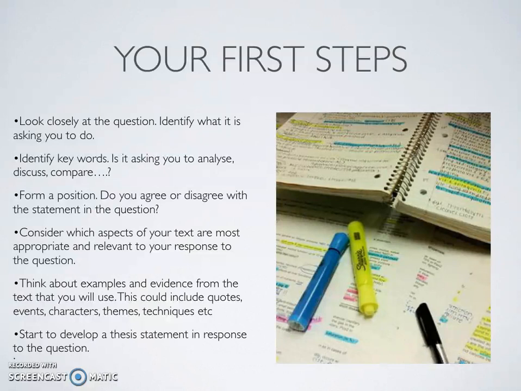Think more explicitly about those examples and start gathering your quotes and your techniques in order to address that question. Once you've gathered some of this information, you would start to develop a thesis statement in response to the question. And we'll go through how, in fact, to do that process shortly.